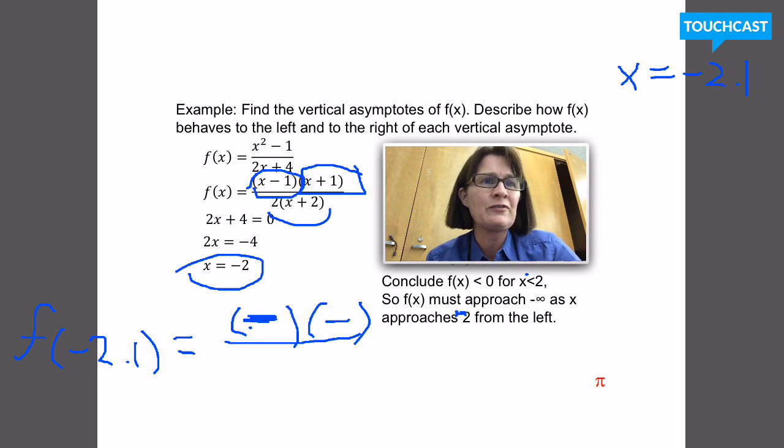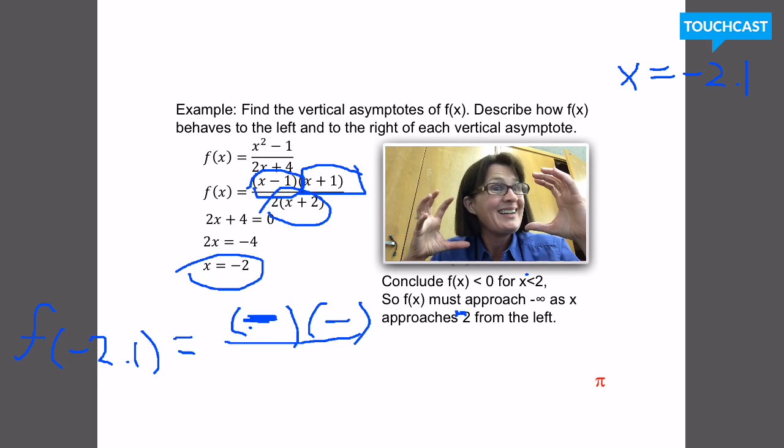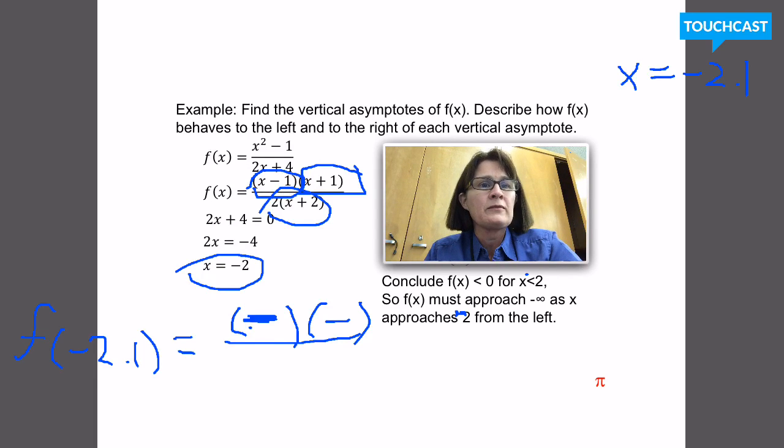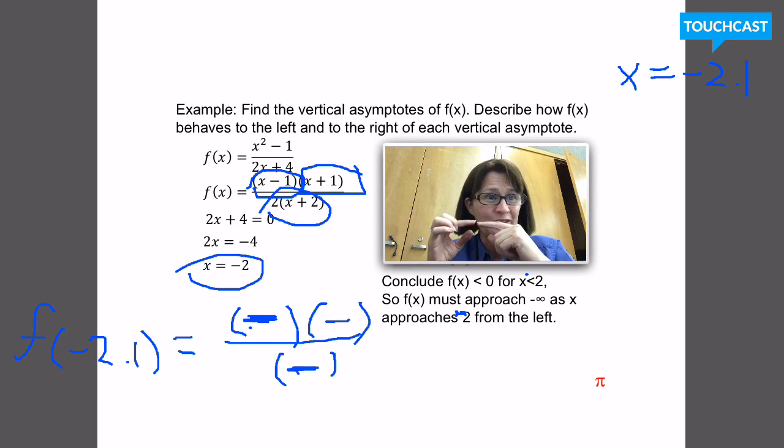Now, when I substitute in negative 2.1 for x in that denominator, I'm going to have 2 times the quantity negative 0.1, which is going to give me a negative result. Those are negative signs, and it's better to put them inside parentheses.